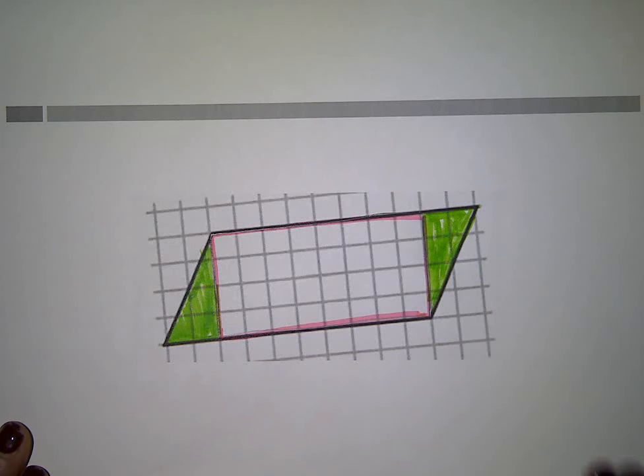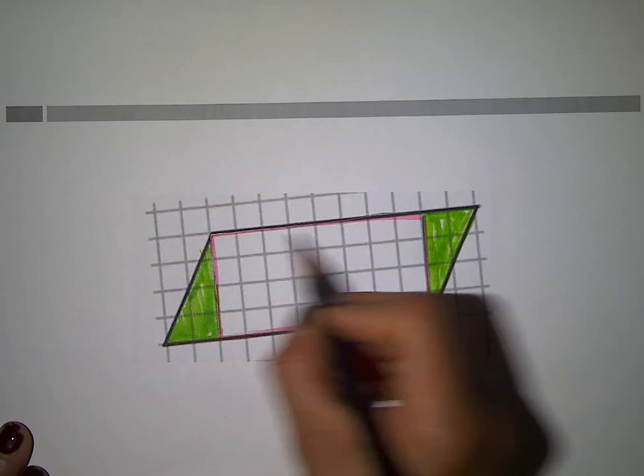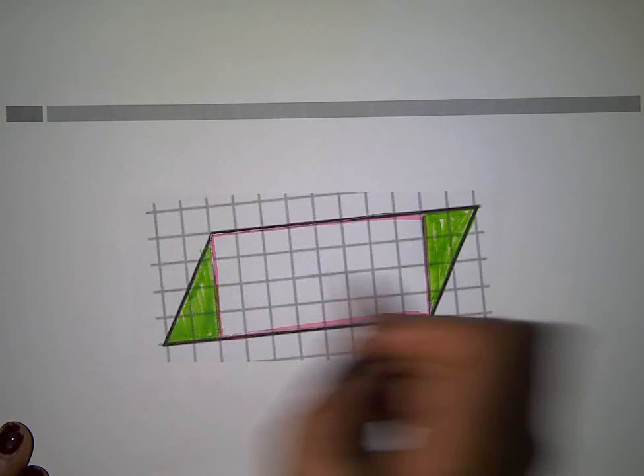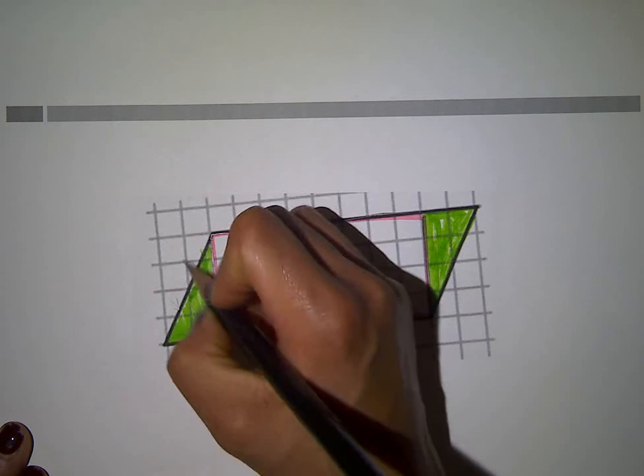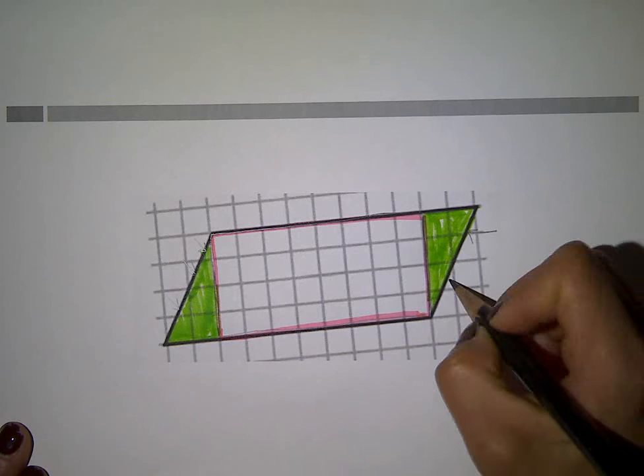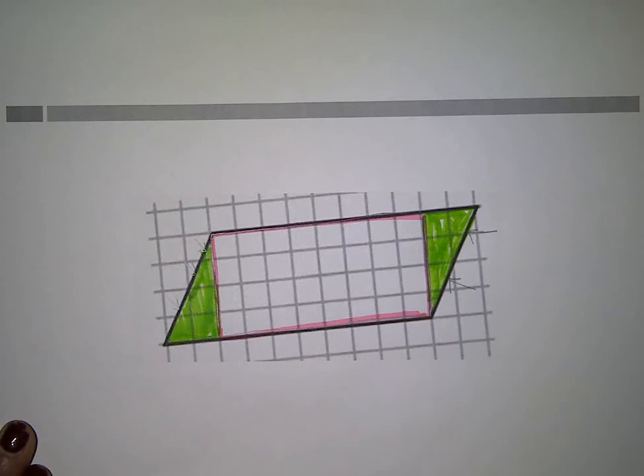So, although we can account for the space inside, we will also need to account for all of the space on the side of the parallelogram.